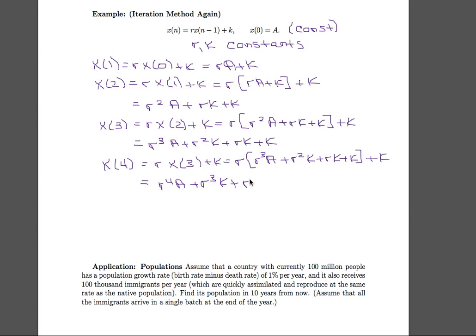Plus R squared K plus RK plus K. Okay, so let's look back at this and see if we notice anything.